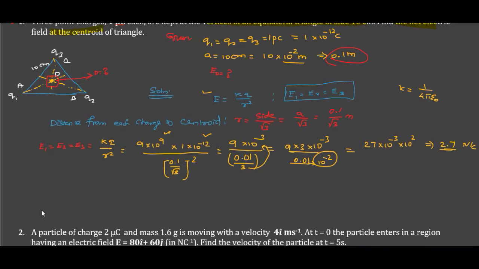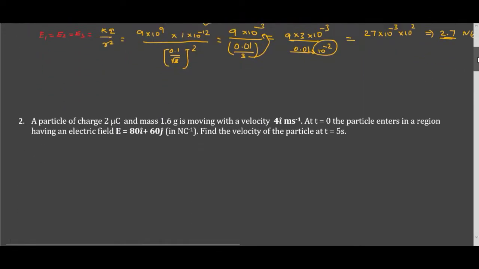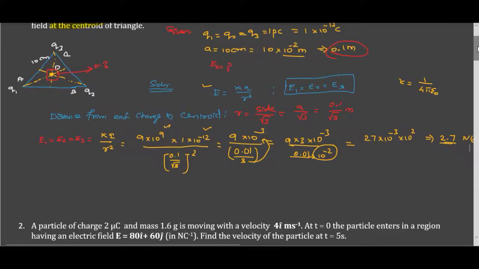So finally we got that the field due to each charge is 2.7 Newton per coulomb, but our aim is to calculate the net field at the point D due to Q1, Q2, Q3. So listen, this is the point D, the direction of field. This is a positive charge, so the direction of field will be in this direction.